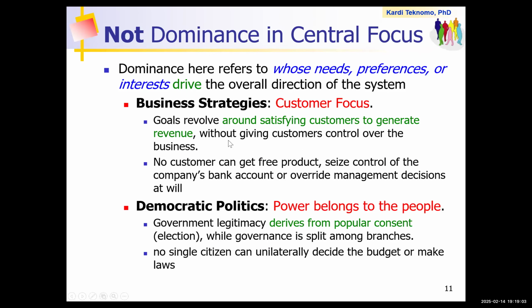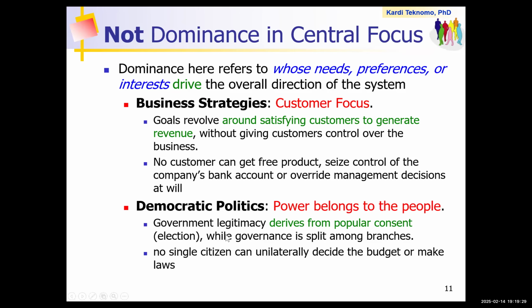Customer focus does not mean the customer can get free product and seize control of the company bank account, and so on, right? The same thing: even if power belongs to the people, it does not mean people can decide all the budget of the government, right?